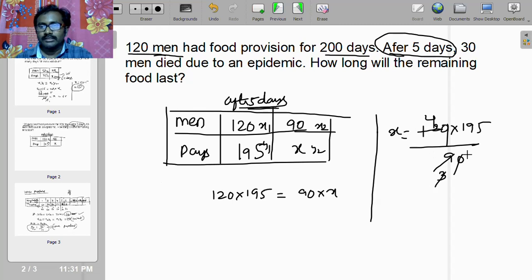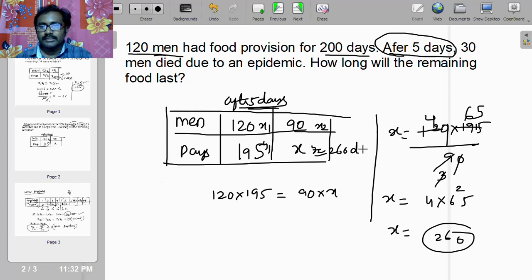Now 3 1s are 3, 3 65s are 195. If you multiply 4 into 65, you will get the required answer. 4 5s are 20, 4 6s are 24, 26. So 260 days 90 men can survive.